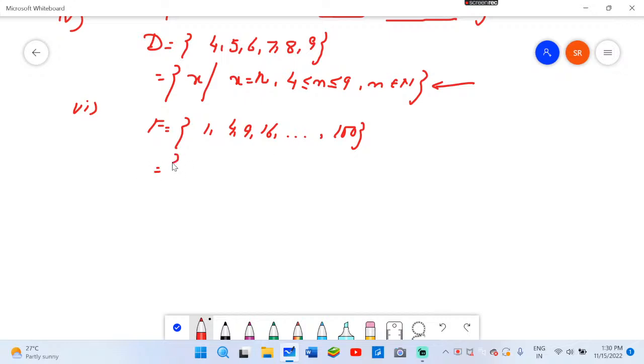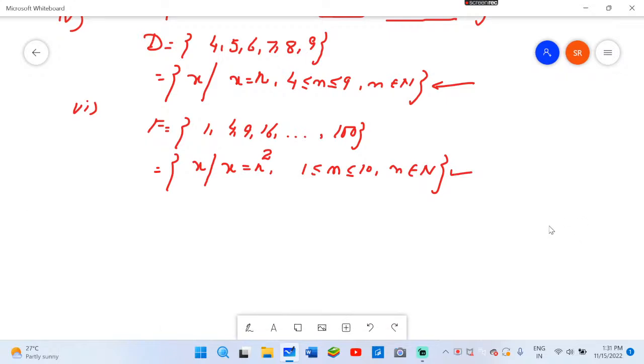So this we write as x such that x is equal to n square, and n is at most 10. Of course, minimum it is 1 here, and we write n belongs to the set of natural numbers. So this becomes set builder form. Hope you understood.